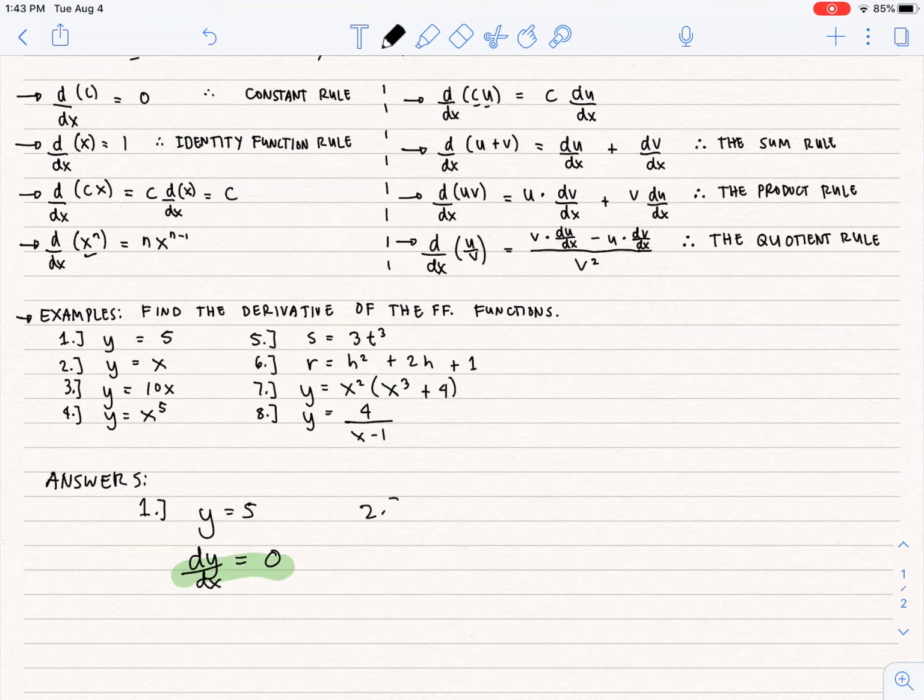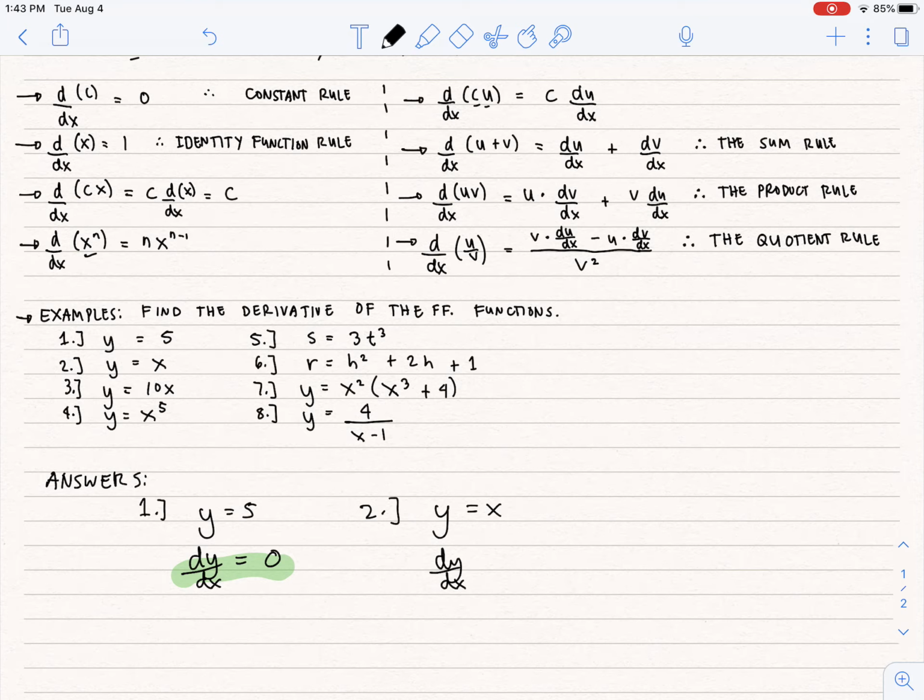Okay, so for number 2, we have y is equal to x. This one is clearer. X here is the independent variable, so we are going to derive with respect to x. And this is the dependent variable y. If we differentiate this, y becomes dy over dx.